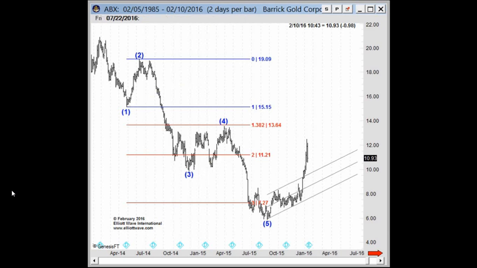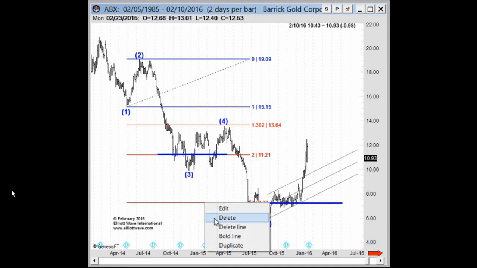So we utilized our 2.0 multiple to identify the wave 3 price move right here. There we go. And notice too, we have our 3.0 multiple down here in case things get exuberant.